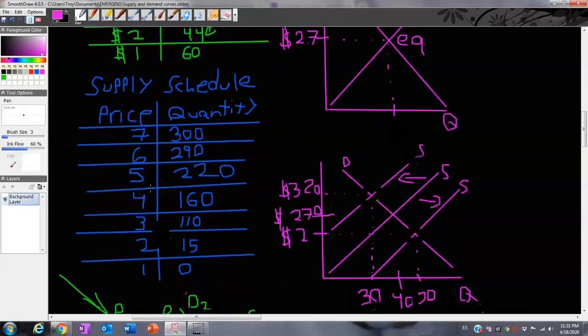The supply schedule is just the opposite, right? So if gasoline were $7 a barrel, well, then companies are going to be jumping in and frothing at the mouth to produce as much oil as they possibly can. So they'll produce 300 gallons of gasoline a day. And of course, that quantity decreases as the, I'm sorry, look at this mess.